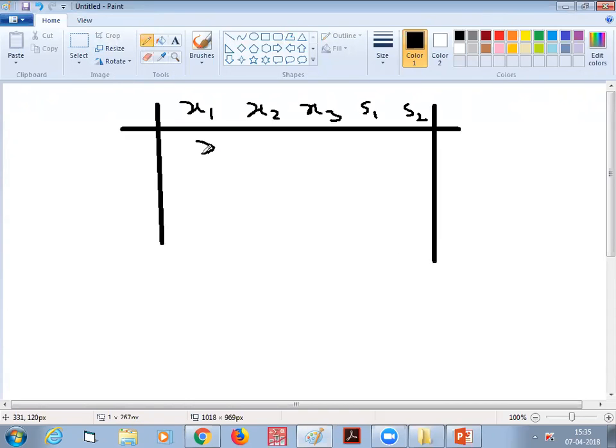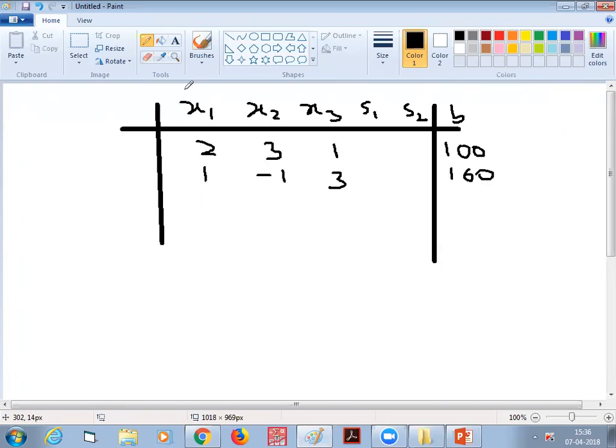Let's take 2x1 plus 3x2 plus x3 less than or equal to 100. This is B. And let's have x1 minus x2 plus 3x3 less than or equal to 160.